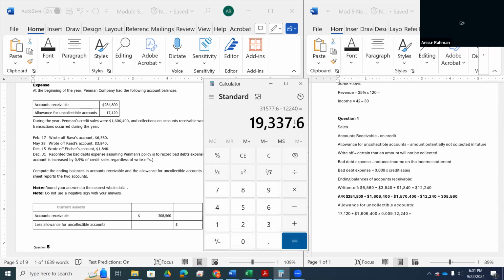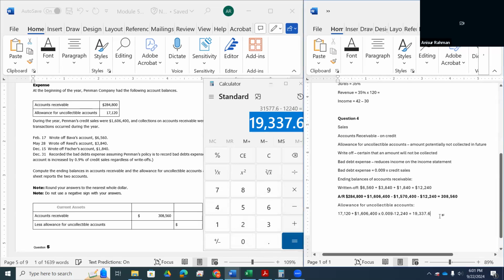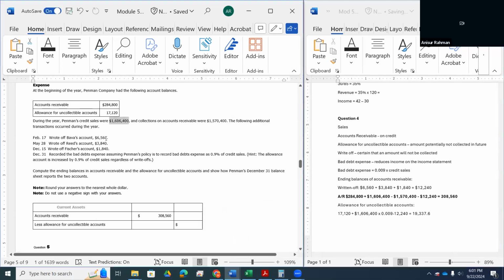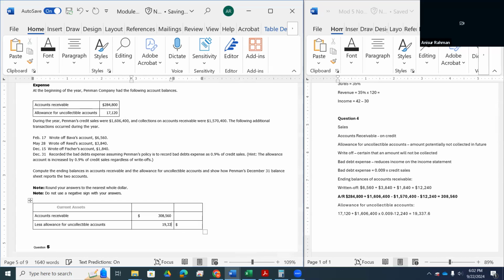So 19,337.6. Round your answers to the nearest whole number, so it will be 19,338.